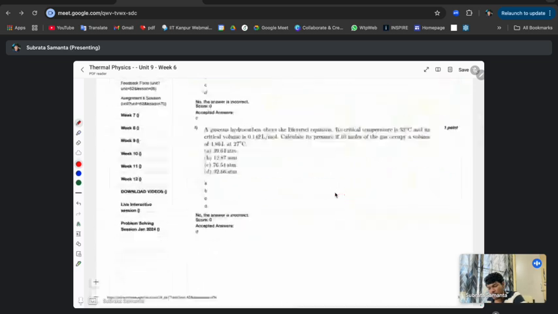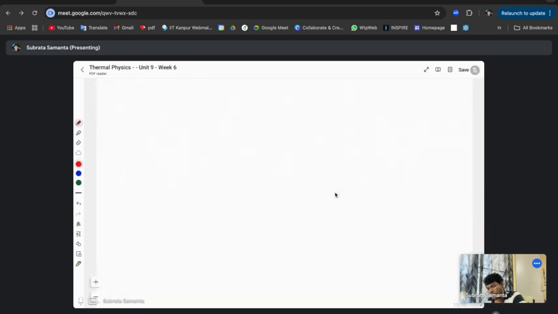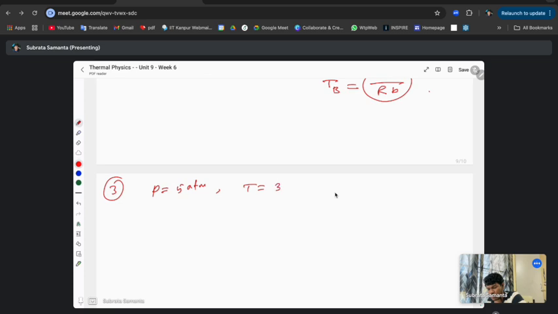In problem number 3, the pressure is given as 5 atm, the temperature is 27, so 300 Kelvin, and the number of moles n equals 1 mole of gas.